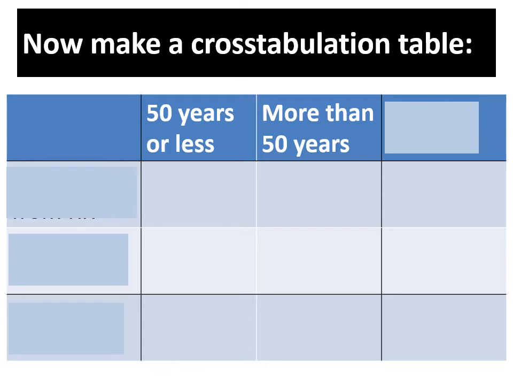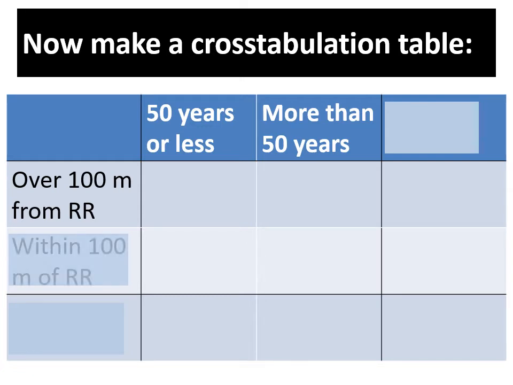This axis across the top, you can think of as our x-axis in this particular instance. All of our observations are either 50 years or less, or more than 50 years. And all of our observations are also either over 100 meters from the railroad or within 100 meters of the railroad. So we make a little table that looks like this.